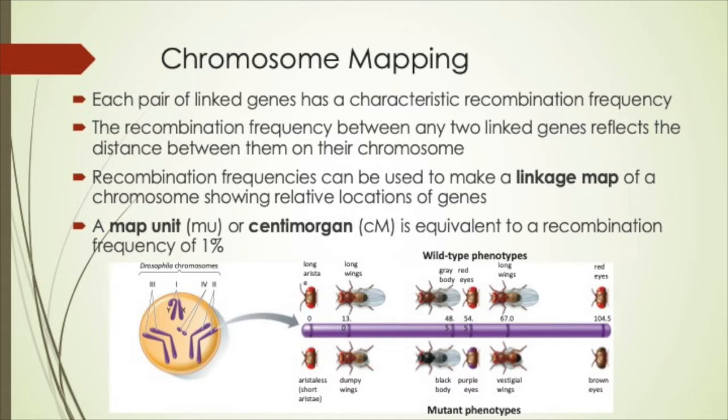We already know about recombination from meiosis: whenever genes cross over, they recombine, whenever they're switched. So recombination frequency between any two linked genes reflects the distance between them on their chromosome.